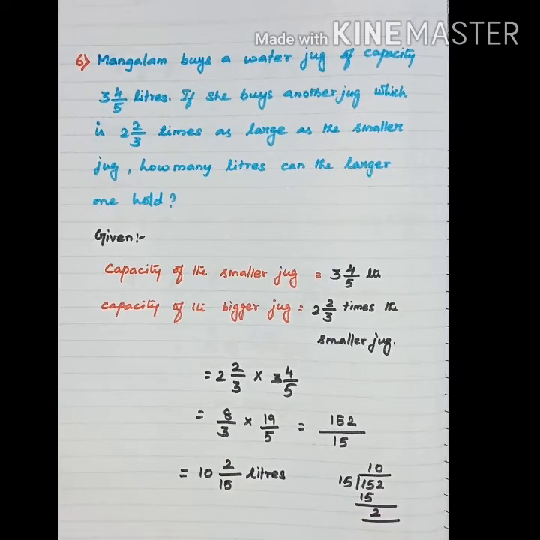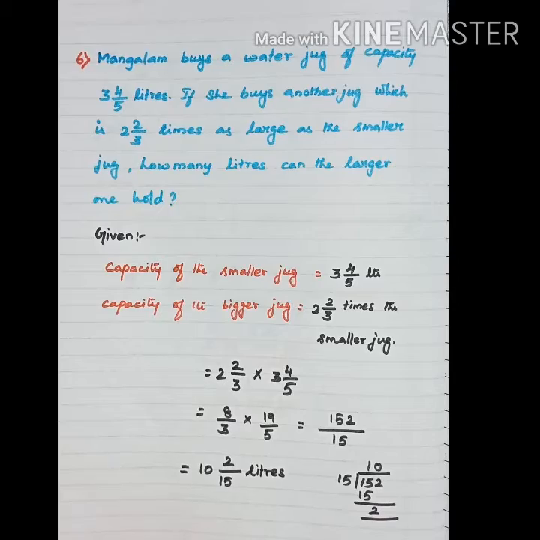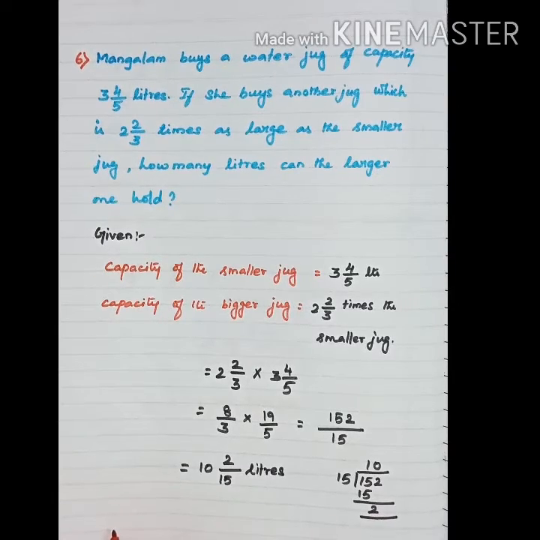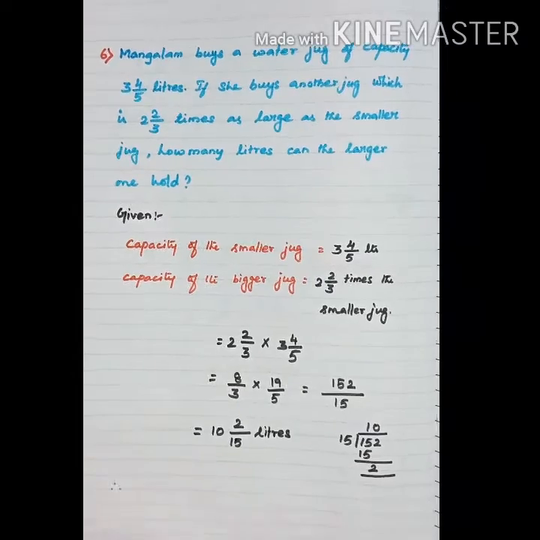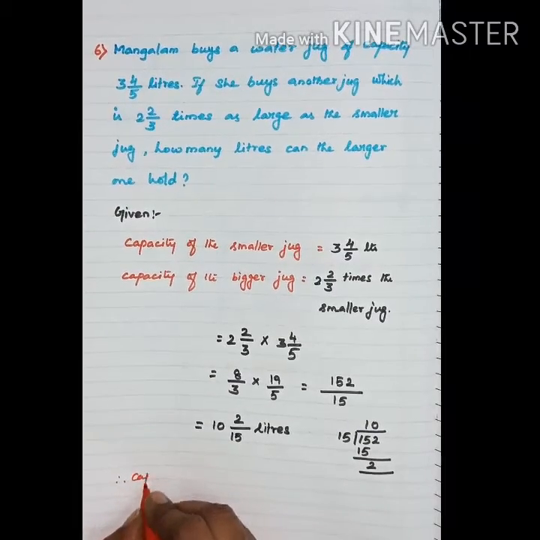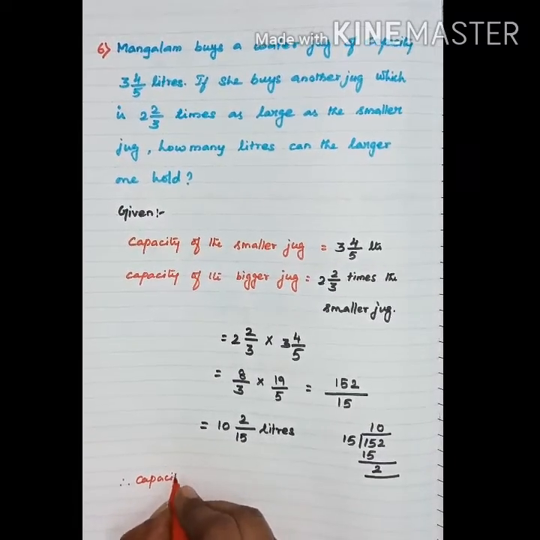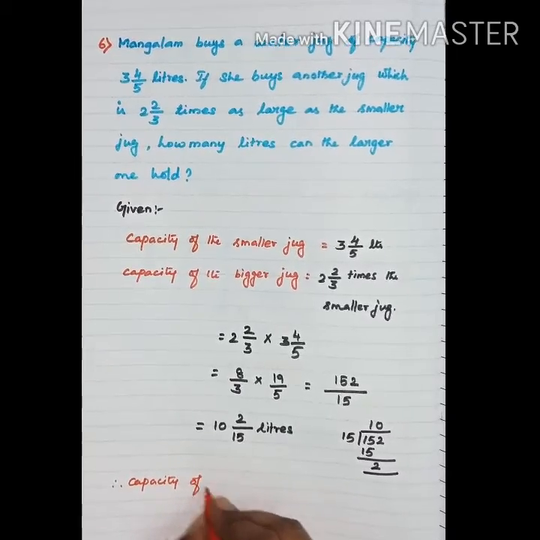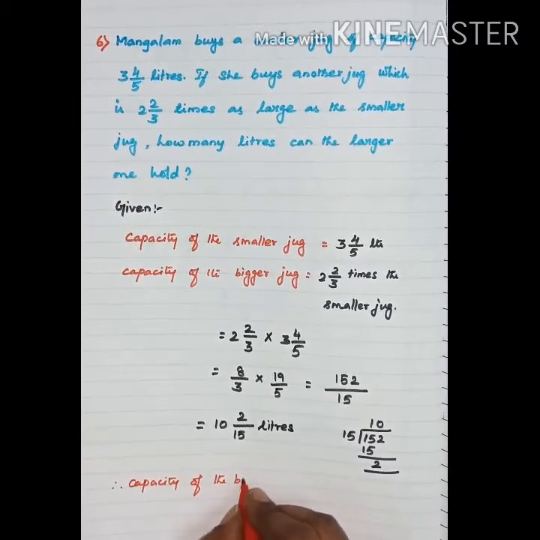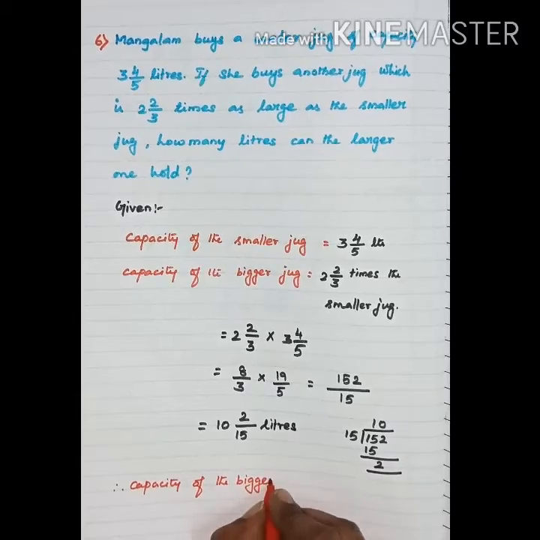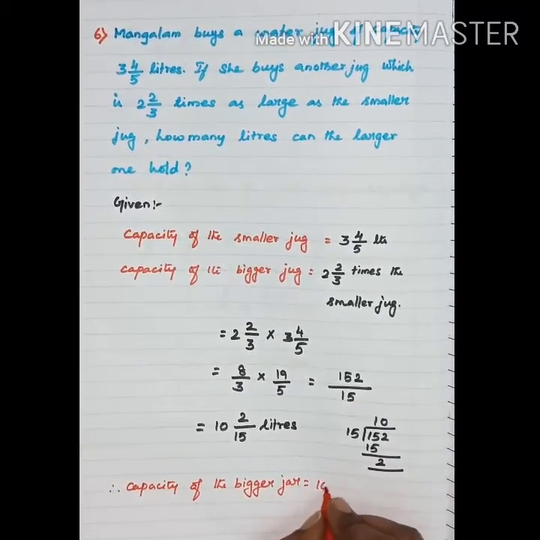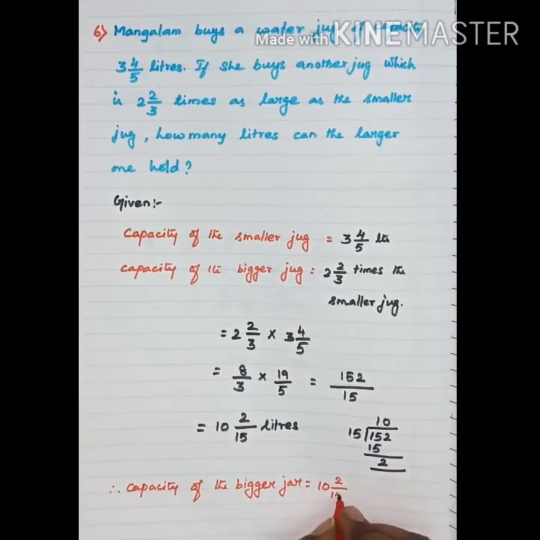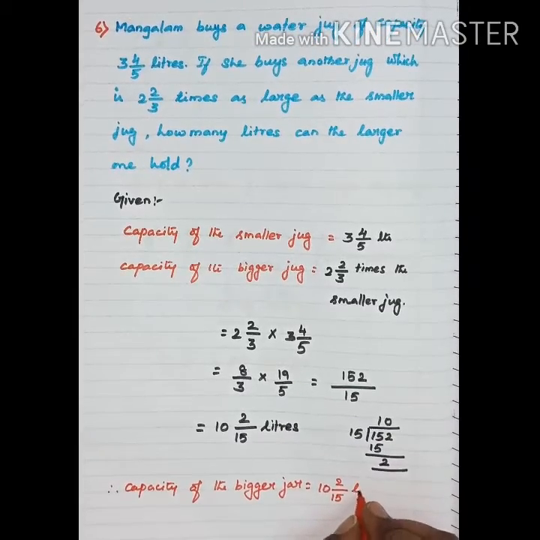Therefore, the capacity of the bigger jar is equal to 10 2/15 liters.